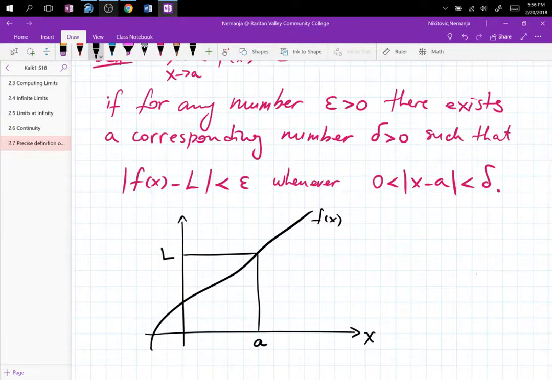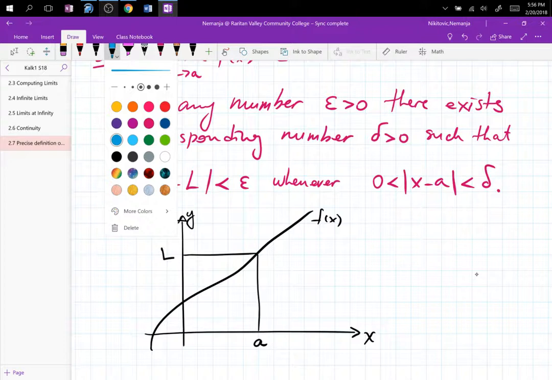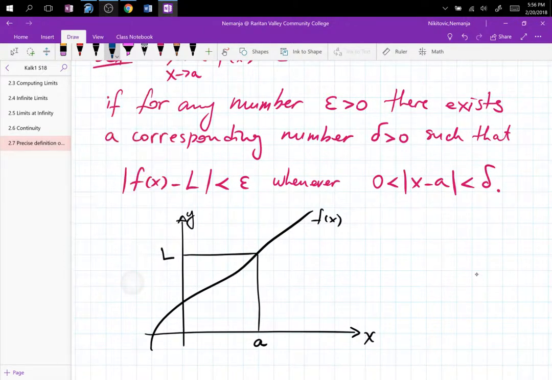So now, where are these epsilons and deltas? Well, around L, I'm going to create a tube. Let me use different colors. So, that darker blue. As you can see, I have L minus epsilon and L plus epsilon.